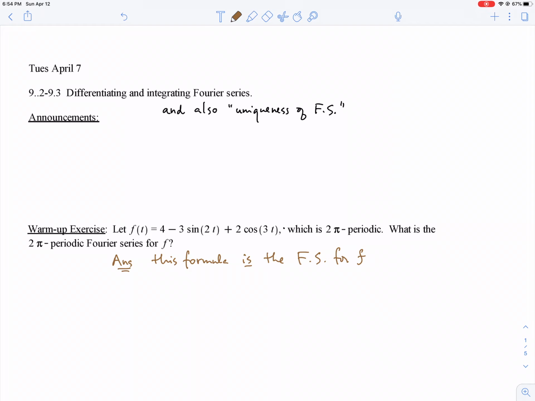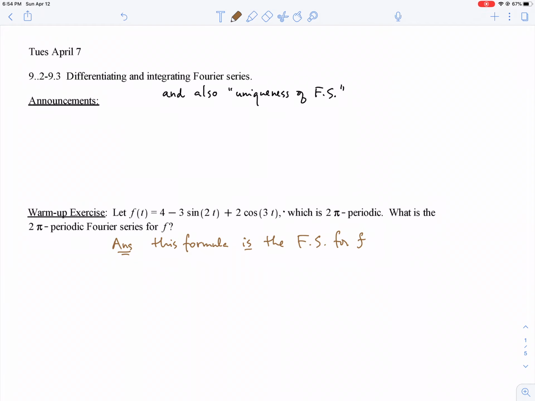Now, you have homework problems like this, and you might be tempted to do this the long way, which is compute all the Fourier coefficients, and this is what you'll get. Okay, but let me explain the reason why you don't have to go through that trouble.